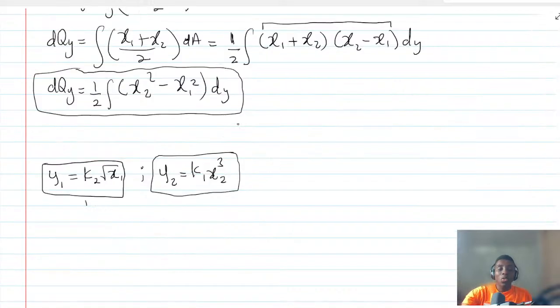Okay, so with this that we have here, we can clearly see that we make x2 the subject, x2 squared.